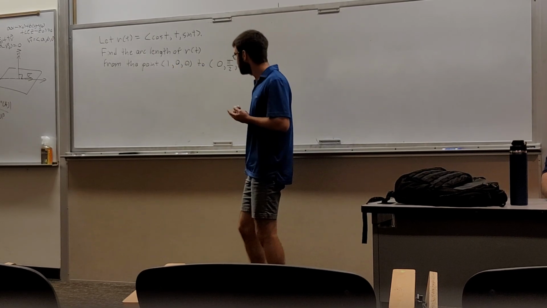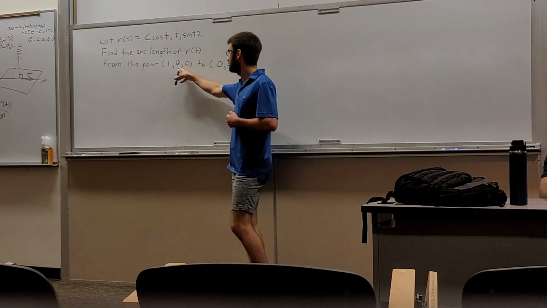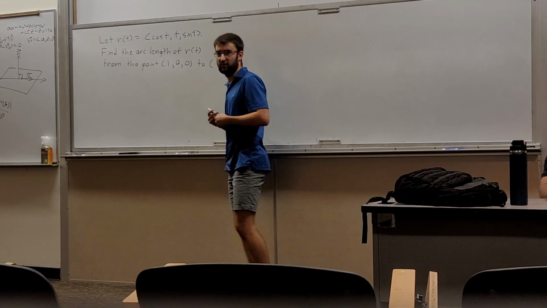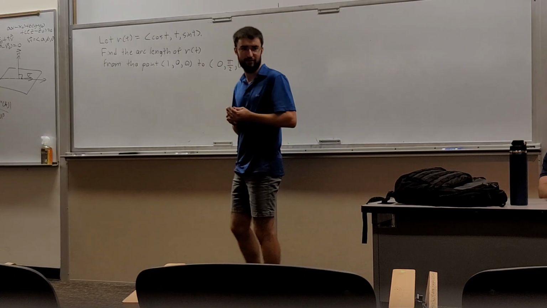But we need to know the values of t that correspond to each of these points on this curve. So, does anyone see something we can look at in r of t?